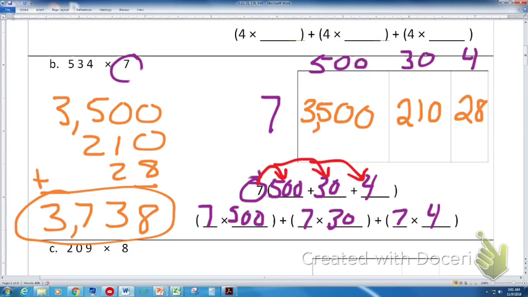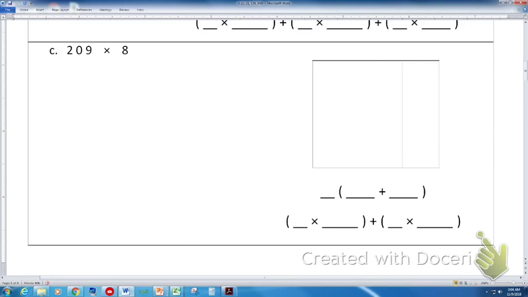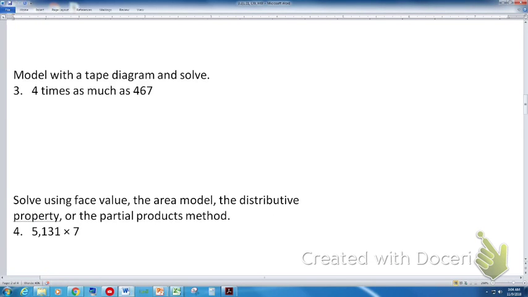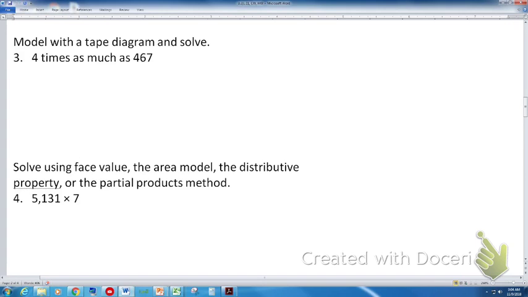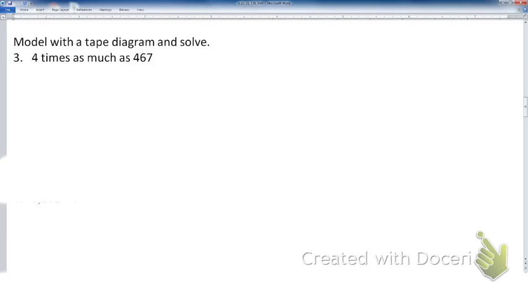Okay, now we're going to go on to another type of problem. We're going to go down to number 3, and we're going to be talking about tape diagrams. Tape diagrams is something we worked on using addition. So 4 times as much as 467.